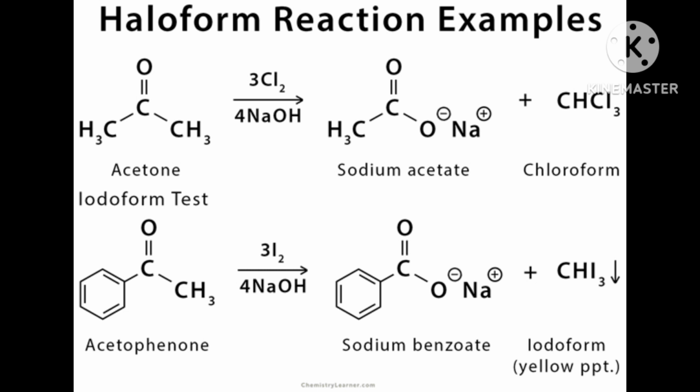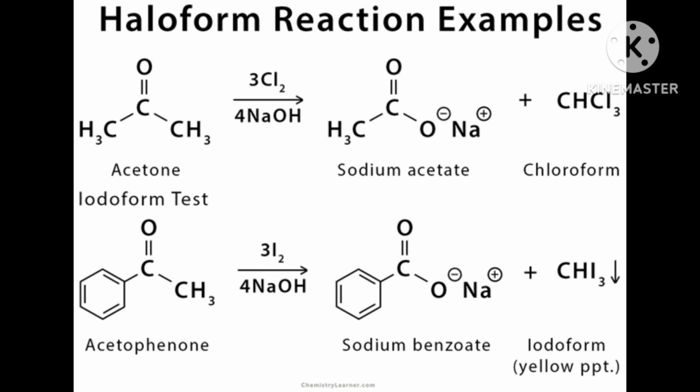It will break, and X will be negative. But here, you don't know which X is there. Only if fluorine is there will X be negative, and oxygen will be positive because oxygen is the most electronegative element. But in the general case, the ONa group will come in the place of CH3 in RCOCH3.